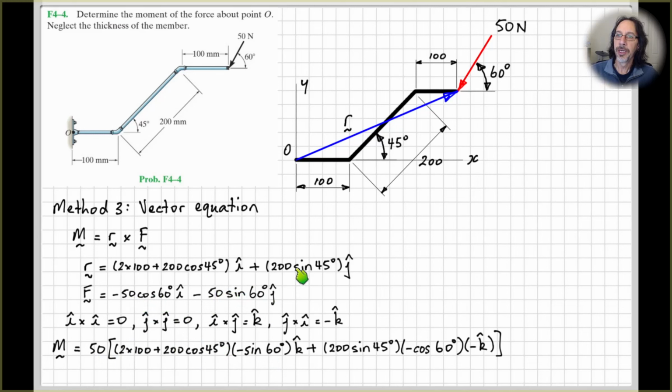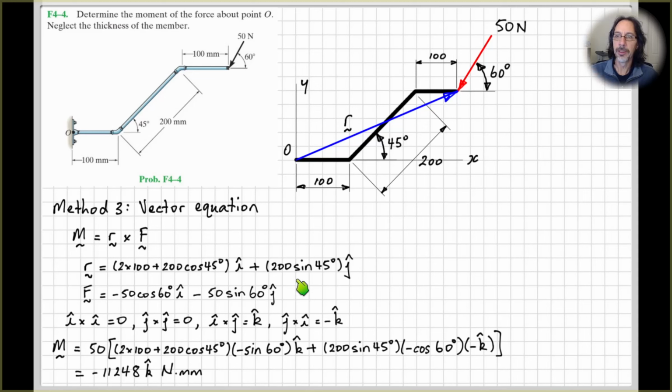Then the next one, j cross i, will be 200 sine 45 times minus cos 60, and j cross i gives us minus k. Multiply all that out, we get minus 11,248 k Newton millimeters. And we get the negative sign out the front here as we got before.